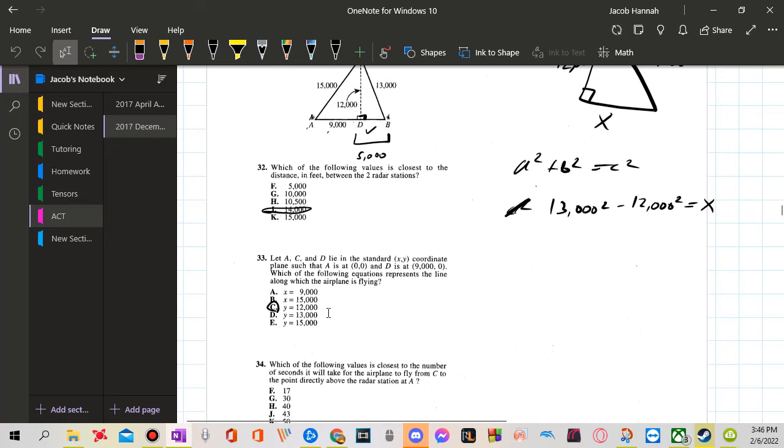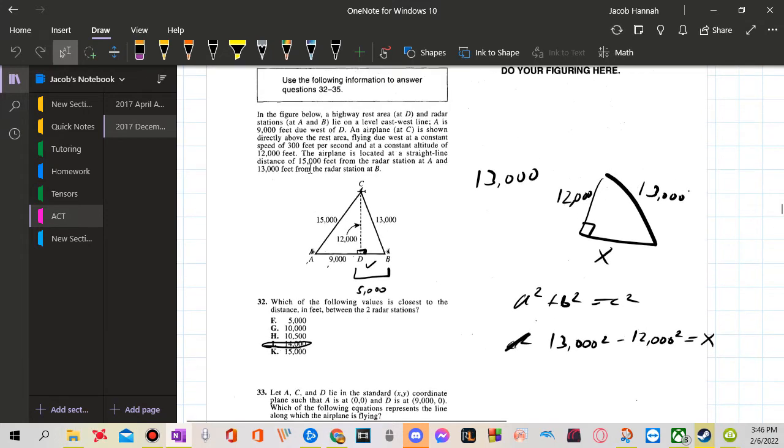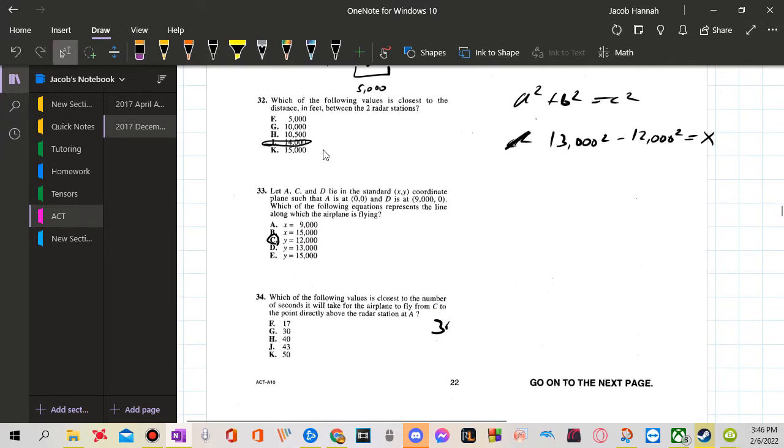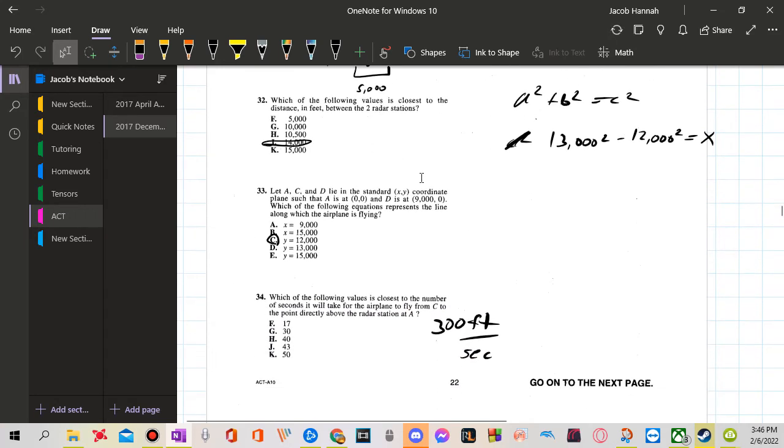So you take 15,000 and divide it by 300 feet per second.